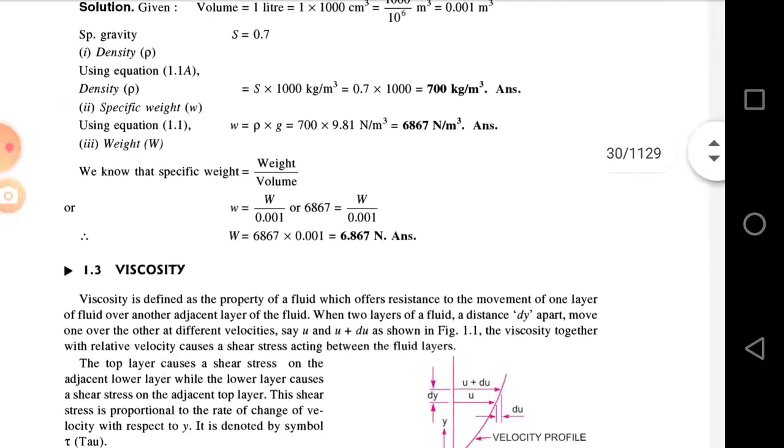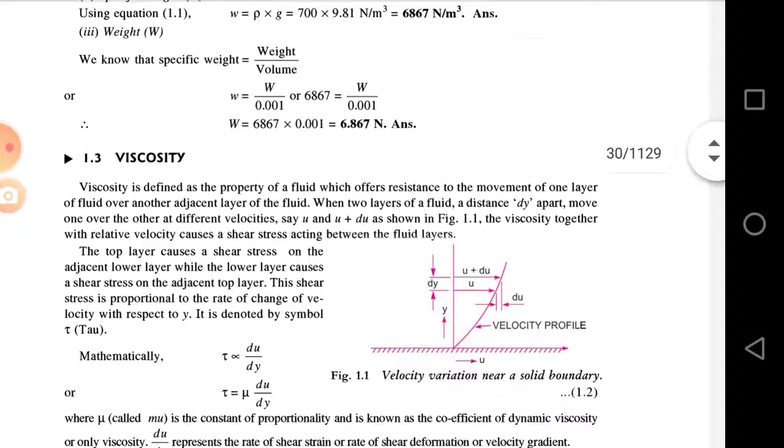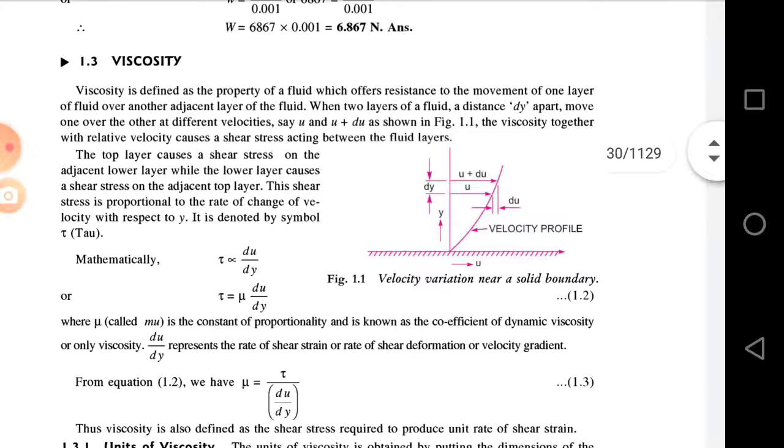Then specific weight is rho into g, 700 into 9.81, 6867 Newton per meter cube. And we know specific weight is equal to weight by volume, so it is W divided by 0.001, and W is equal to 6.867 Newton.